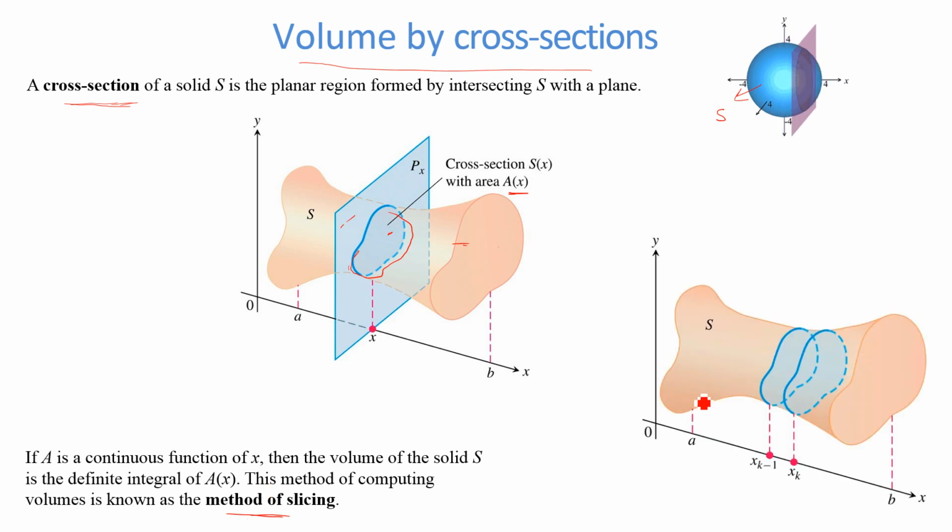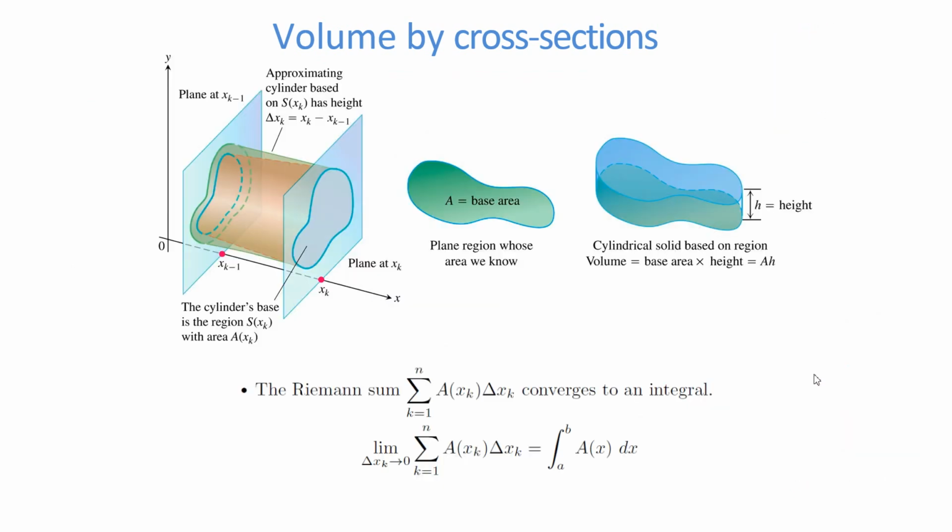So let's take the kth slice of the solid in the interval x_{k-1} to x_k. This is the kth slice, and this is the area of the base of this cylindrical region, let it be A(x_k), and this is the height.